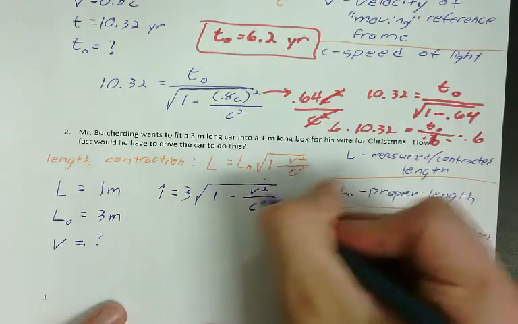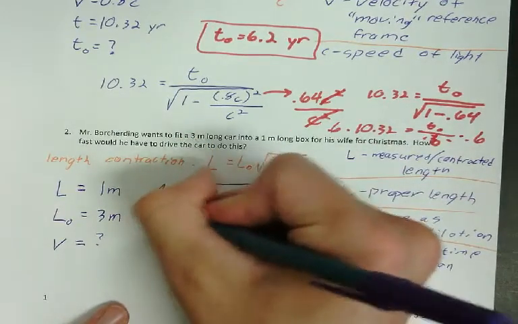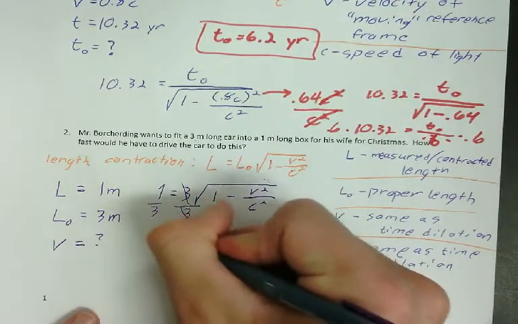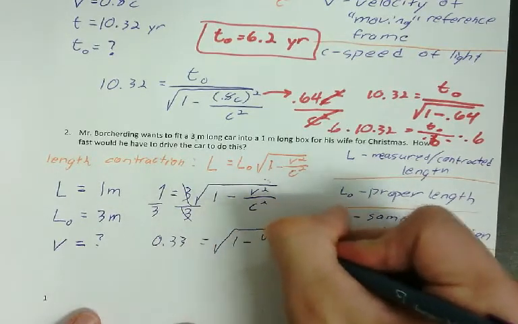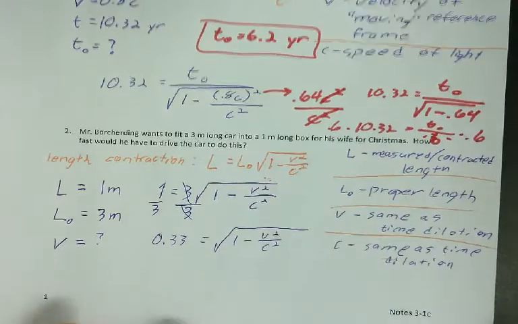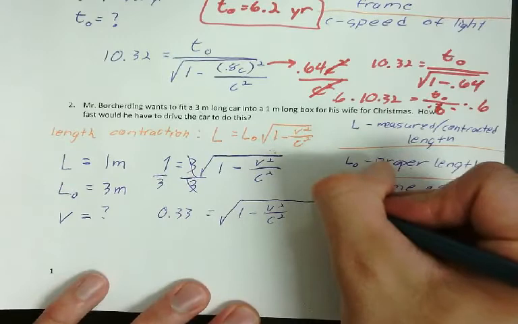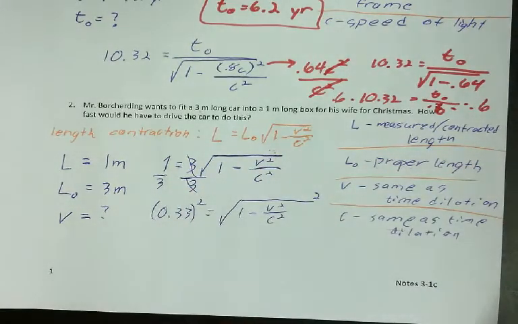I'm solving for V squared, so I need to divide both sides by 3 first. Okay, so that's 0.3 repeating. Now I need to get rid of the square root. I can't do anything else before I get rid of the square root, so I'm going to square both sides. If you're going to need a calculator, again, make sure you trade something out to get one.